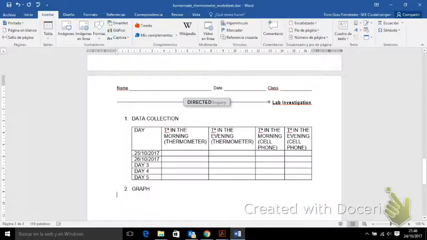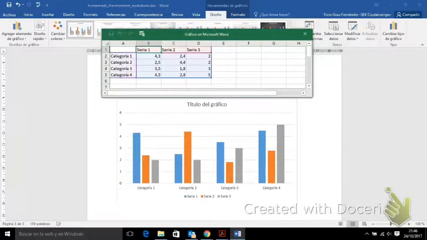Okay, this one will be the one for the temperatures recorded with the thermometer. So the categories are the days. So day 1, day 2, day 3, day 4, and day 5.